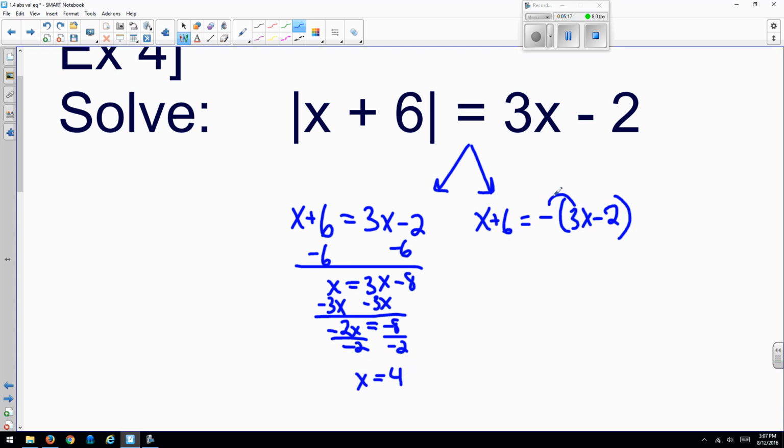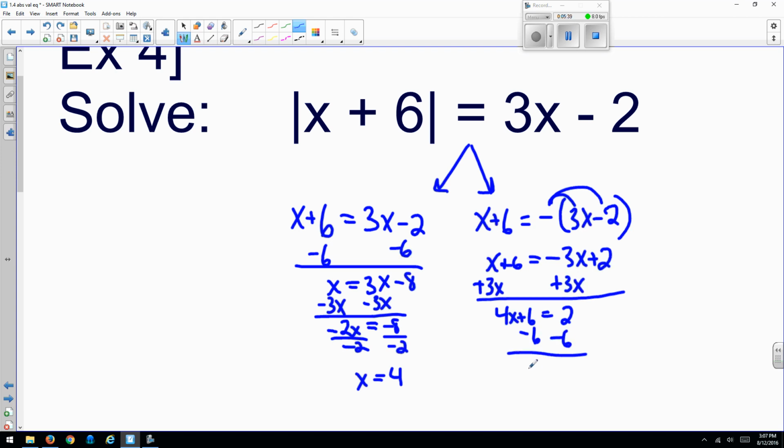And here I'm going to go ahead and distribute this negative. And solve. So our solution set here is -1 and 4.